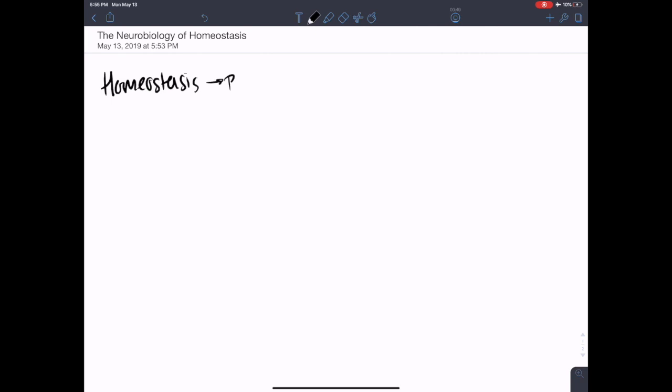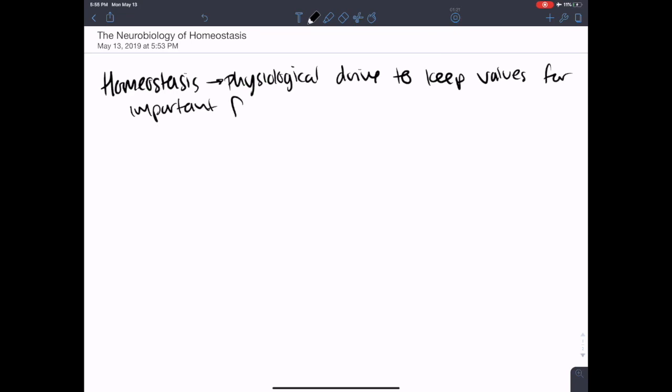is the physiological drive to keep values for important body functions within a certain range.